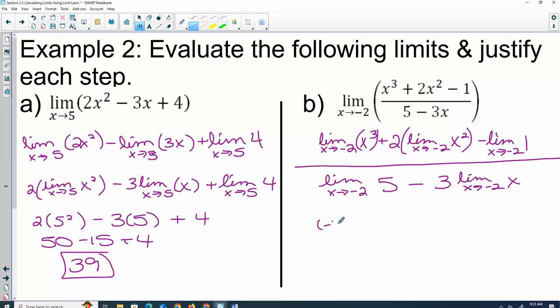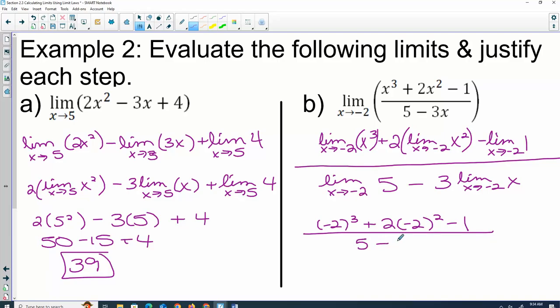So we have -2 cubed plus 2 times -2 squared minus, what's the limit as x approaches -2 of 1? Limit of a constant. What's the limit as x approaches -2 of 5?